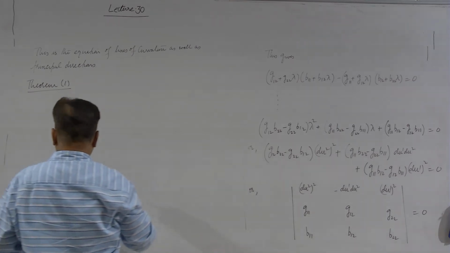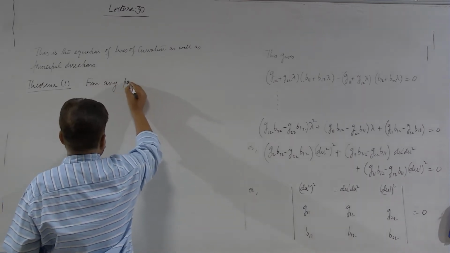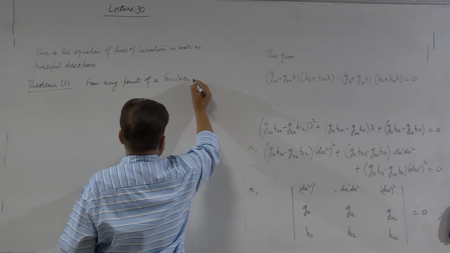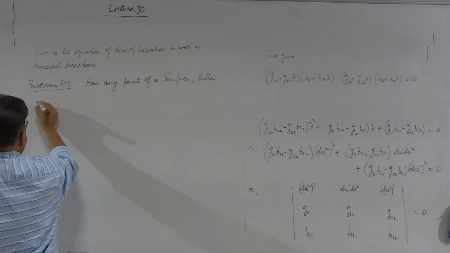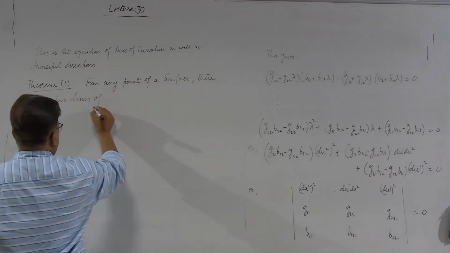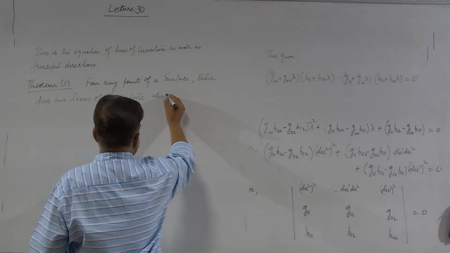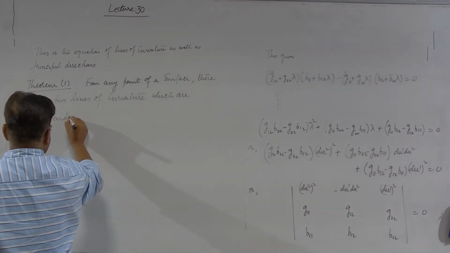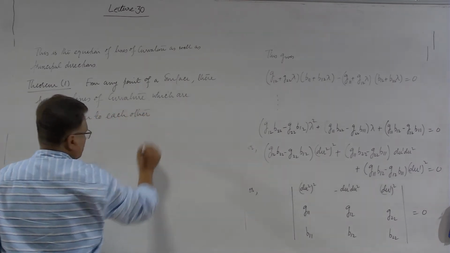From any point of a surface, there pass two lines of curvature which are perpendicular to each other.